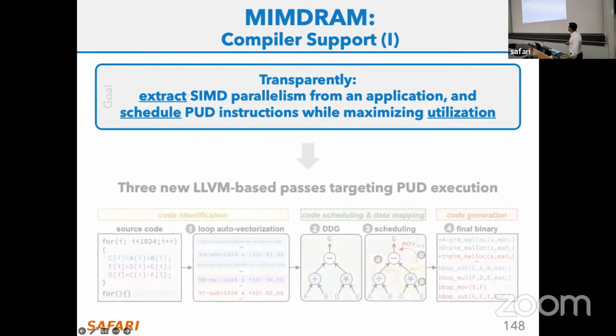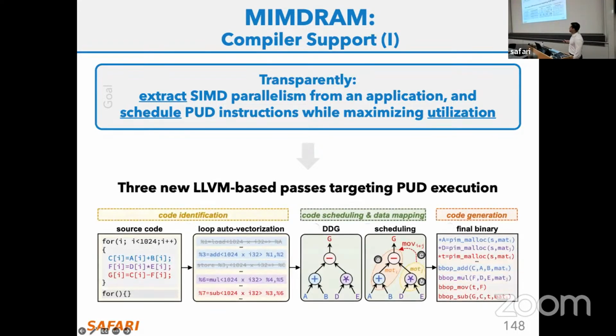On the software side, we implement some compiler passes on top of LLVM to identify loops that can be candidates for processing-using-DRAM computation, and do some pre-scheduling of the computation so that I can tell my control unit that some operations need to be executed in the same mat because they are data dependent.